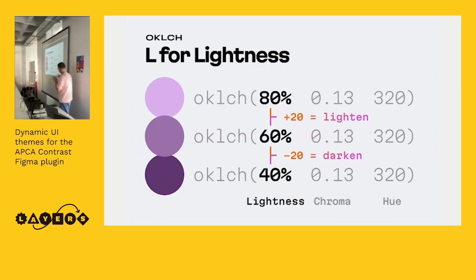And in OKLCH, the lightness parameter works pretty simple and gives you full control over this thing. So if you increase the number, the lightness increases, the color becomes lighter. And if you decrease the number, the opposite happens.